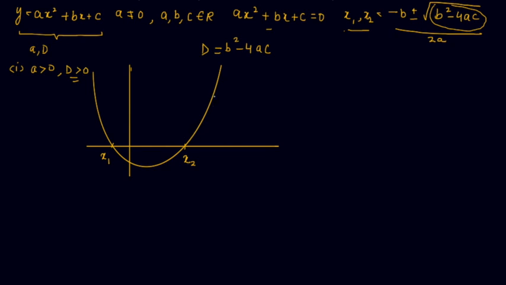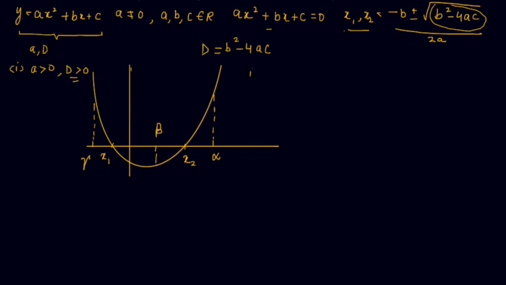Let's say we are given three values on the x-axis: alpha, beta and gamma. There will be a couple of cases for these values of alpha, beta and gamma with respect to the roots x1 and x2.